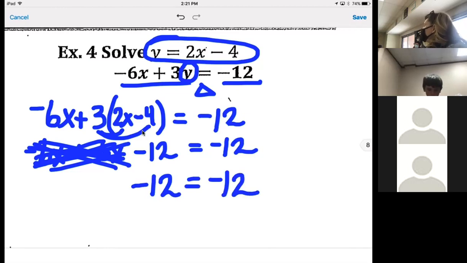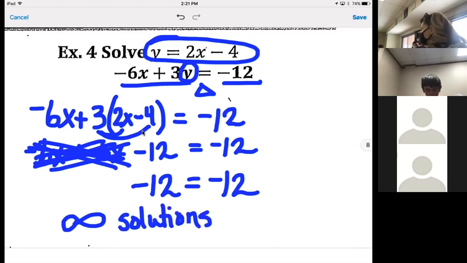If we were to graph these two equations on the same coordinate plane, they would be the same line, which means there are an infinite number of solutions. It's just an 8 sideways.